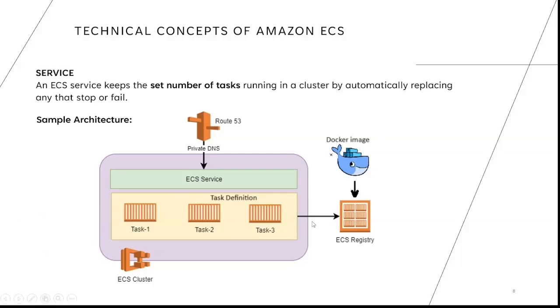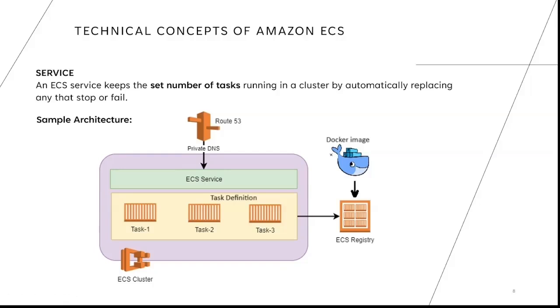The third is the task definition, which is the blueprint of all the requirements that we need, including the image, the Docker, the CPU, memory, and the networking settings.